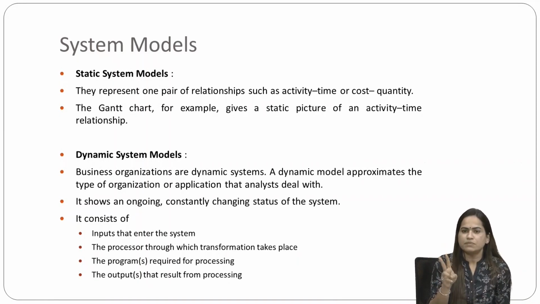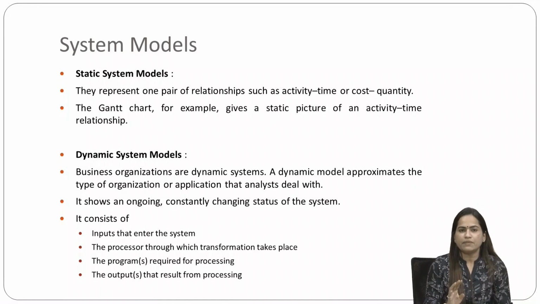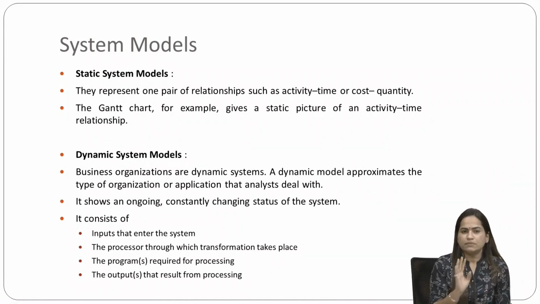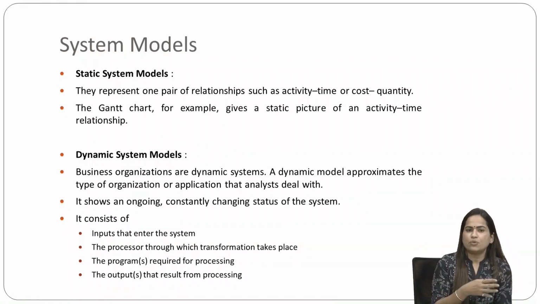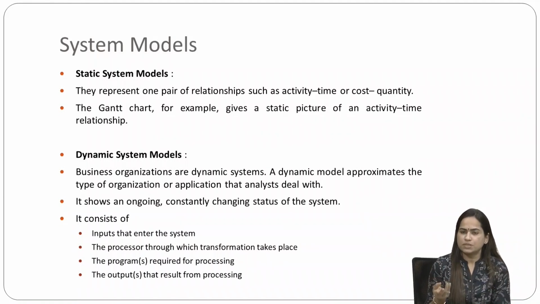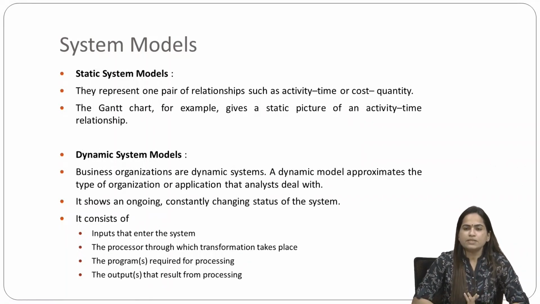That relationship will be there. And fourth one we have, that is dynamic model. It will consist of input that enters the system, the processor through which transformation takes place, the programs which are required for processing, and the output that results from processing. So this is what we are having in system models.